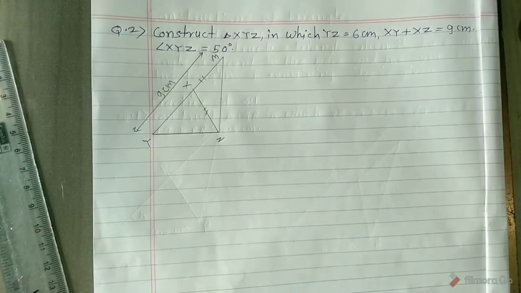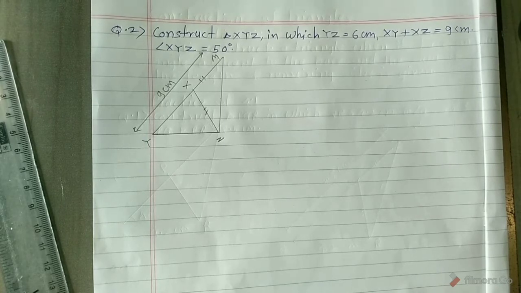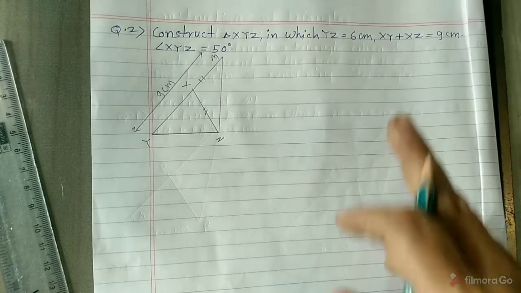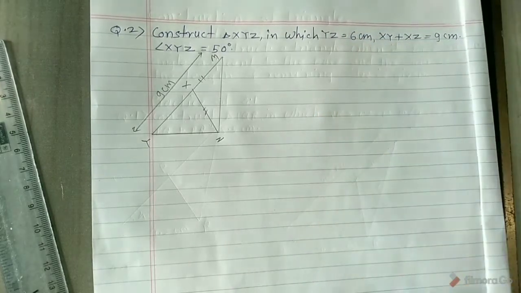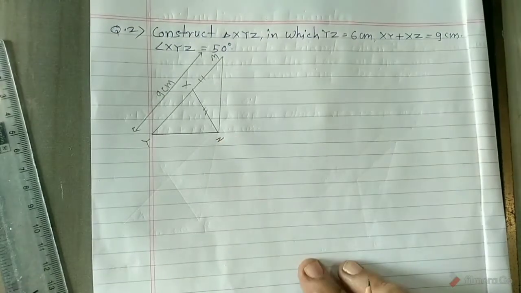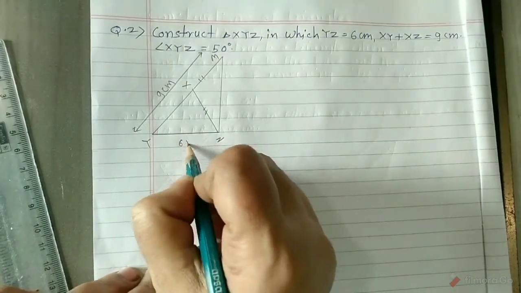Now we start practice set 4.1 example number 2. Construct triangle XYZ in which YZ is equal to 6 cm, XY plus XZ is equal to 9 cm, angle XYZ is equal to 50 degrees. Again the base is given, the angle is given, and the sum of the two remaining sides is given. First I draw the rough diagram.